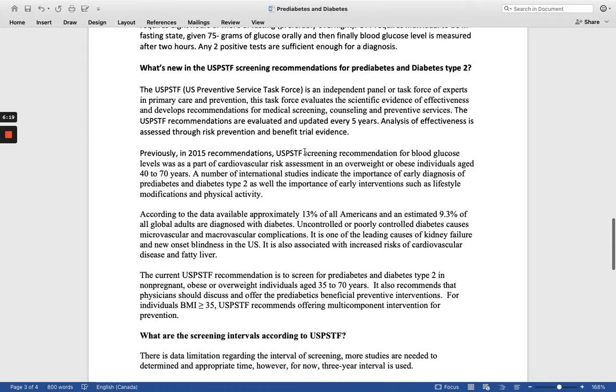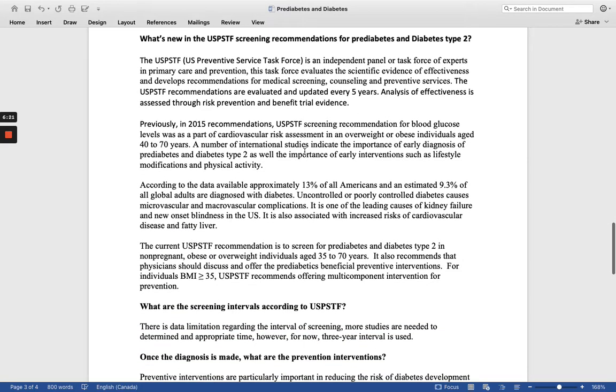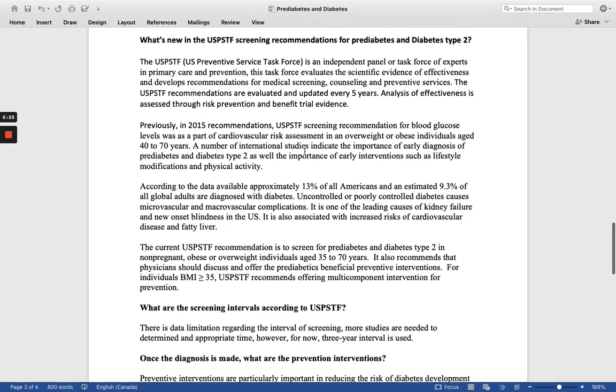Okay? So now we will talk a little bit about what the new guidelines are according to the United States Preventative Service Task Force. Okay, so who they are is also important to know. The United States Preventative Service Task Force is an independent panel.